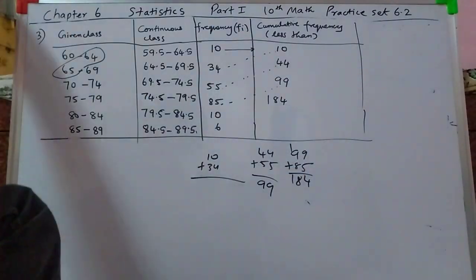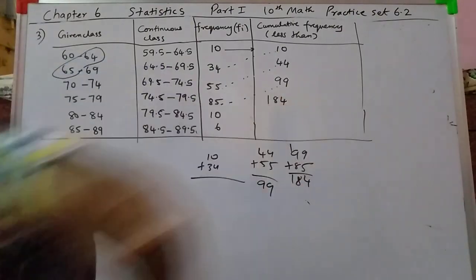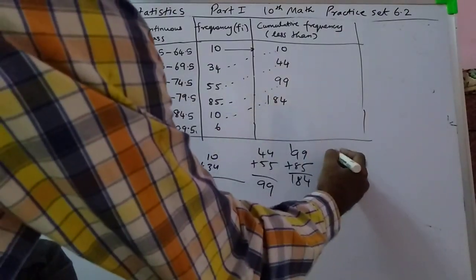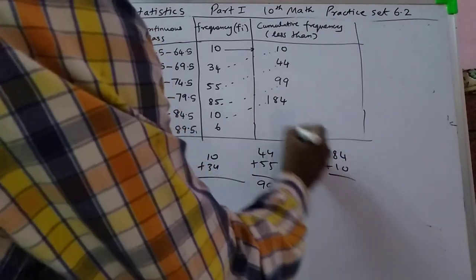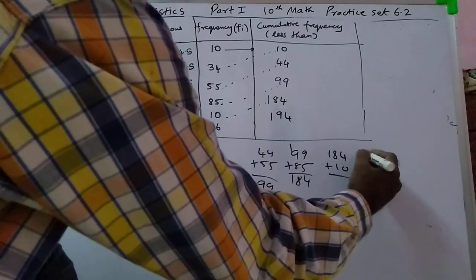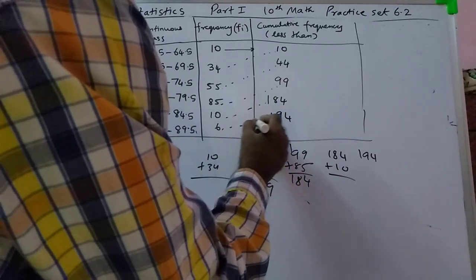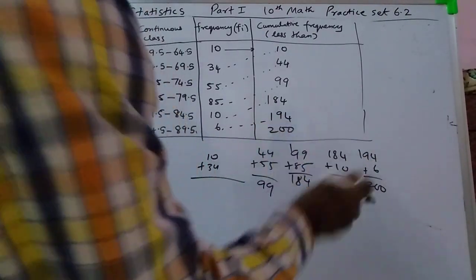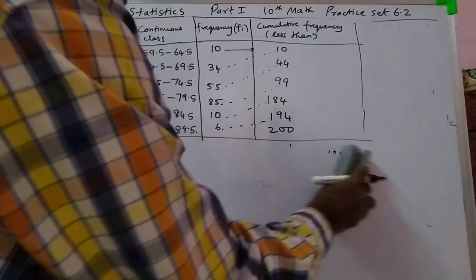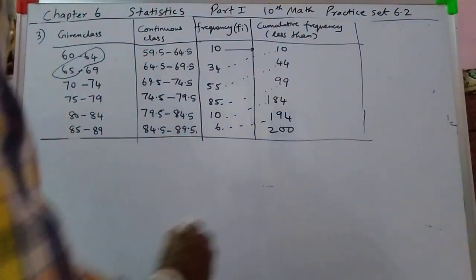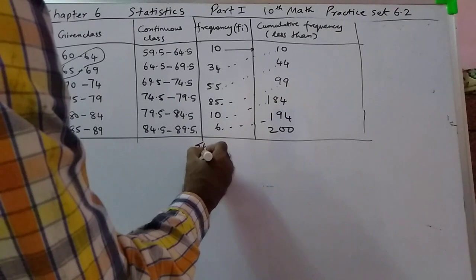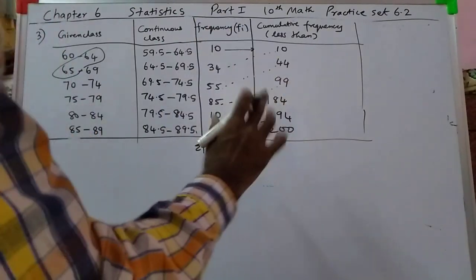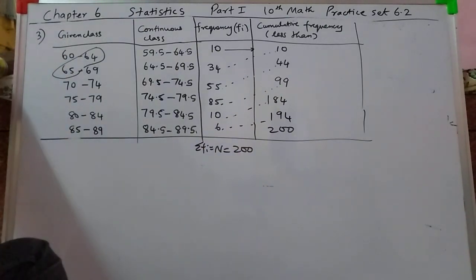Then 184 plus 10, 194. Then 194 plus 6, that is 200. The summation of Fi is equal to n. It must be 200, it matches.